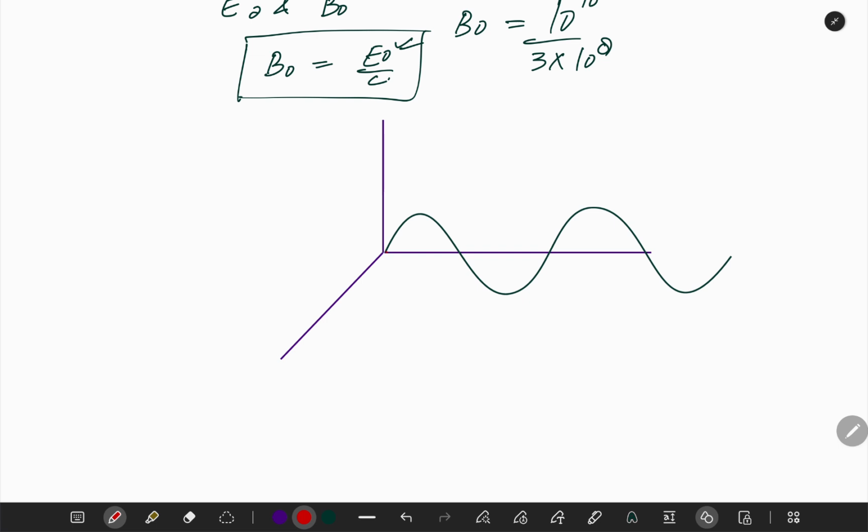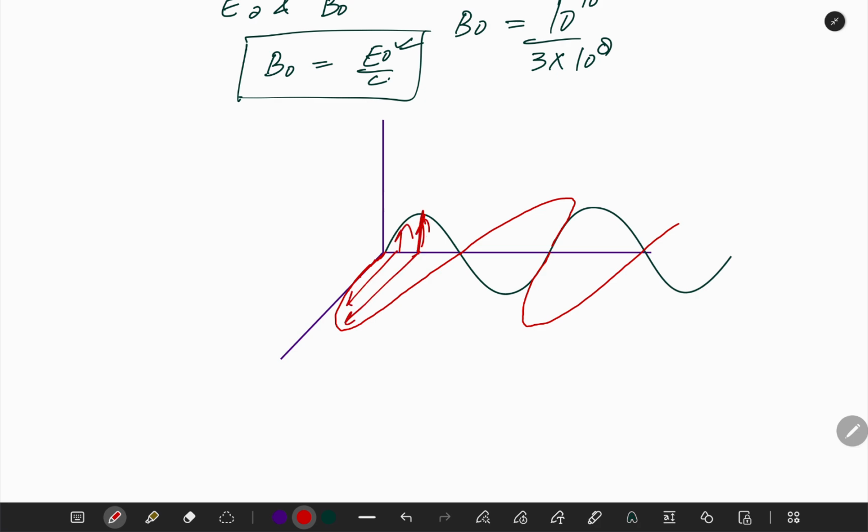Okay, now let me try it for you. So if this is electric field, then this is magnetic field.